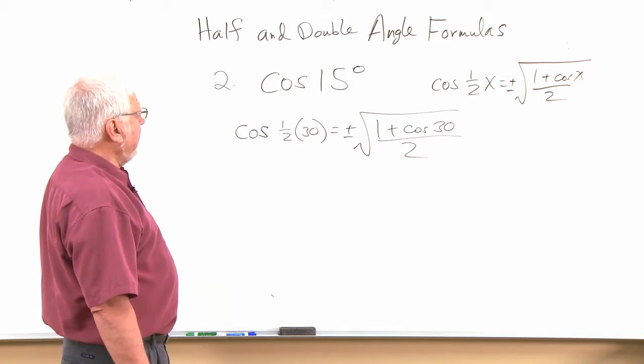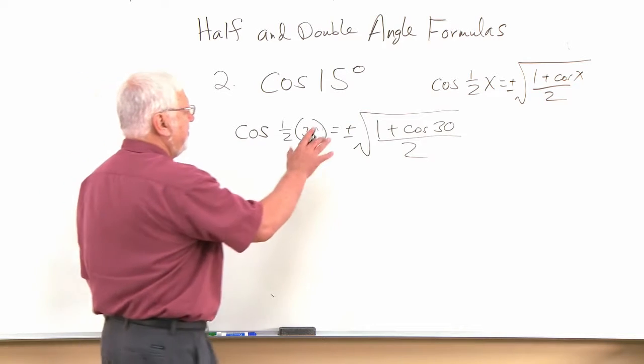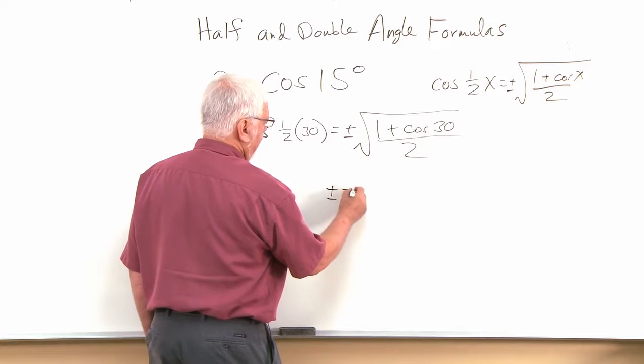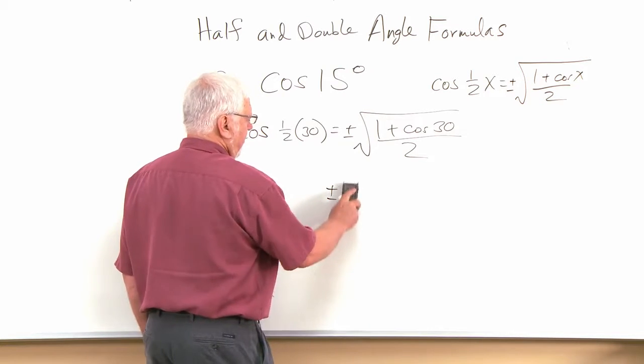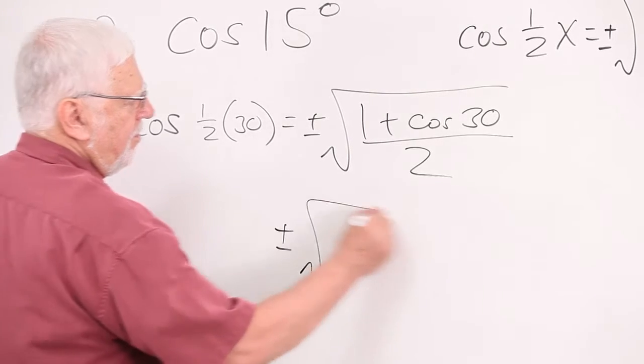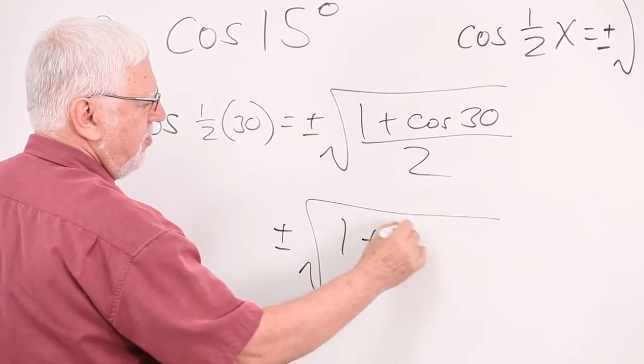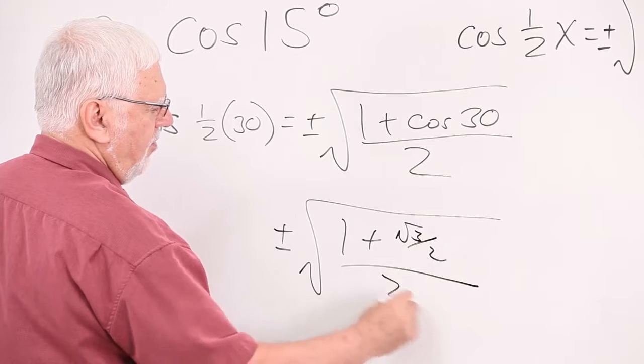So now we have to figure out what the exact value for this is. Well, we know what the cosine of 30 is. Cosine of 30 is square root of 3 over 2, over 2.